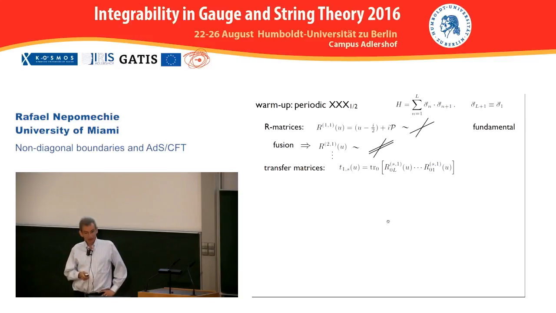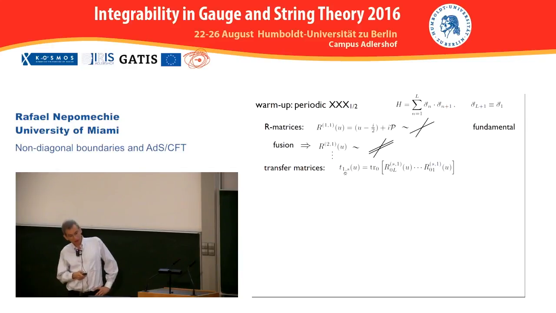And then you can construct this transfer matrix, taking the R matrix fused S times. In other words, the auxiliary space is fused S times, but the quantum space is still spin-a-half, sites 1 to L. That's what this notation S1 tells us.